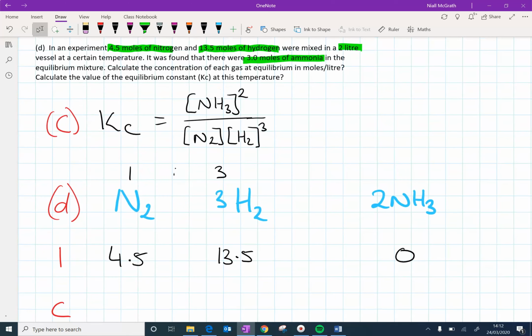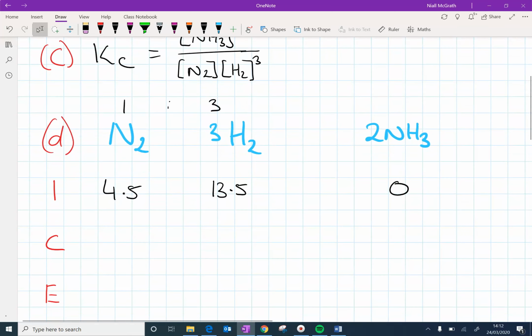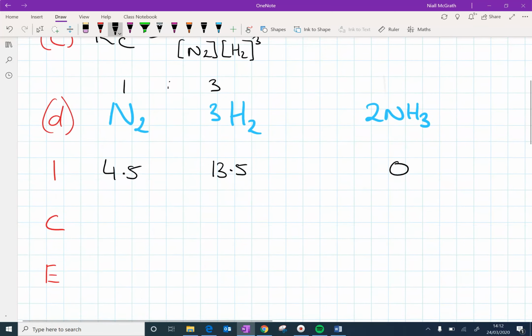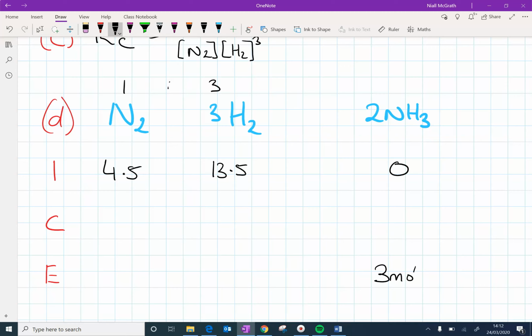Okay, it was found then at equilibrium that there were 3 moles of ammonia in the mixture. So down here at equilibrium for ammonia, we have 3 moles. We started with 0, we now have 3 moles, so this change here is plus 3 moles.